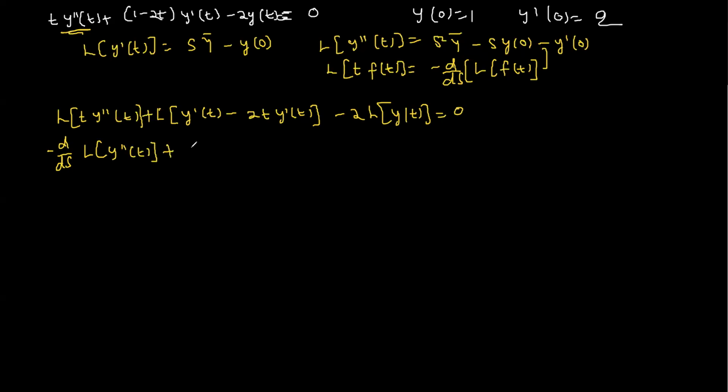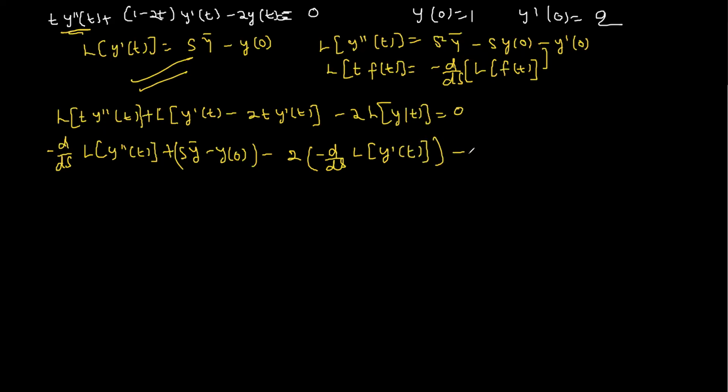Laplace of y dash t is s y bar minus y0 using this formula. And this minus 2, here t is multiplied, so minus derivative of Laplace of y dash t. Minus 2 Laplace of yt is y bar. Understood?